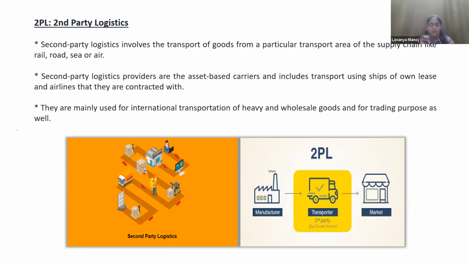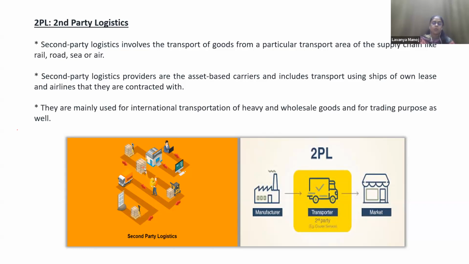Clear? The transportation agency which provides the transportation services is termed the second party logistic provider to the company. Here, the company is not called the second party logistic provider. The transportation agency, to whom the transportation services are outsourced, is.